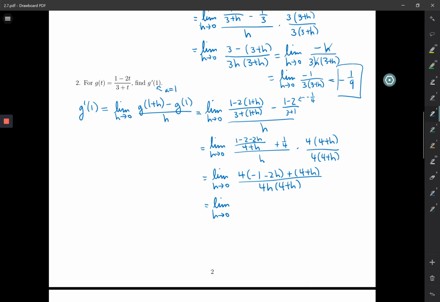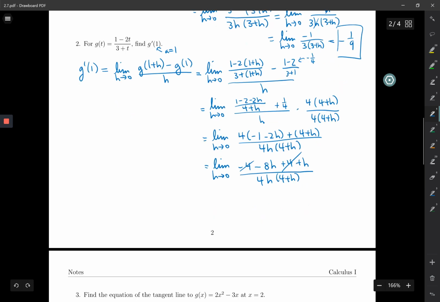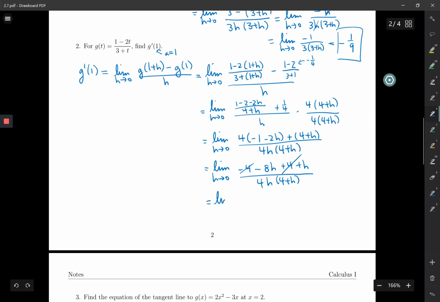Okay, now we just have to simplify a little bit, so we get negative 4 minus 8h plus 4 plus h, and that means that this negative 4 and positive 4 will cancel, and then we will get negative h plus h, so that's negative 7h in the numerator, and the denominator stays the same.